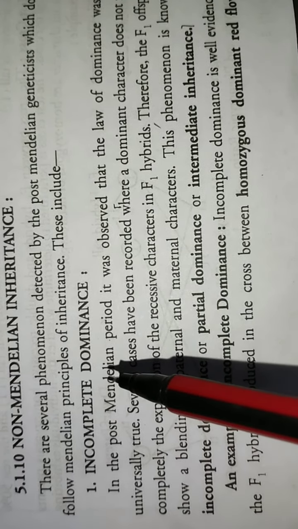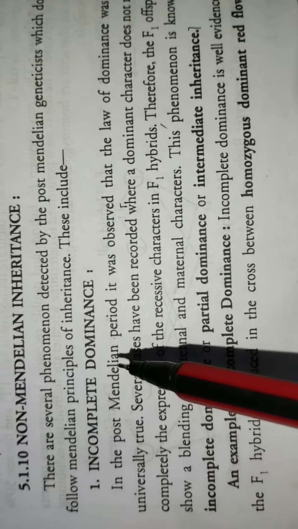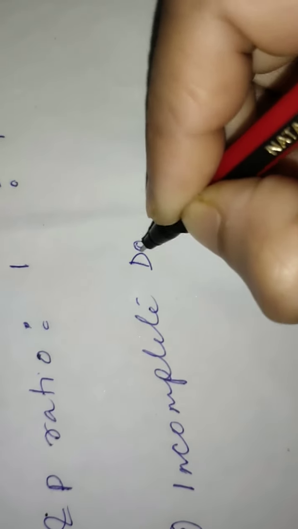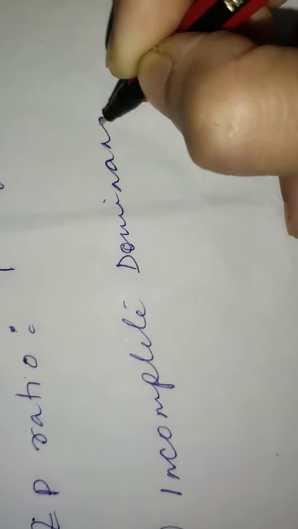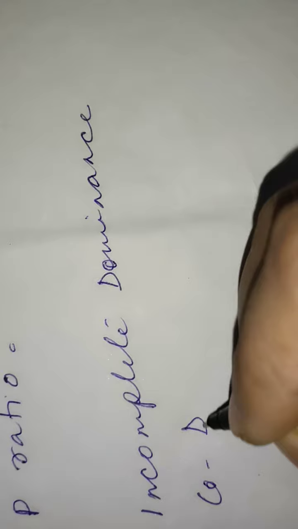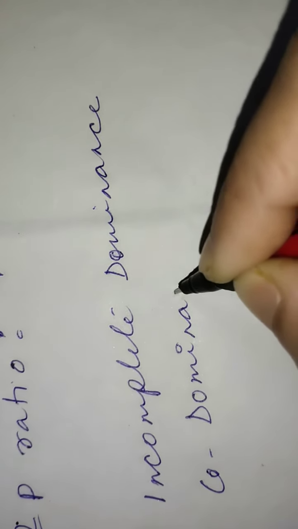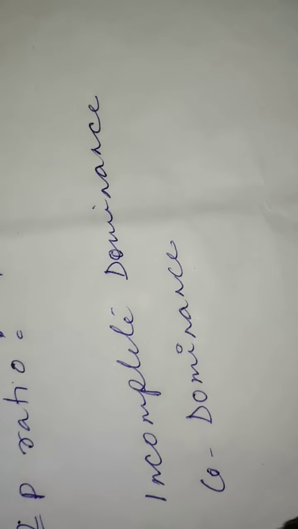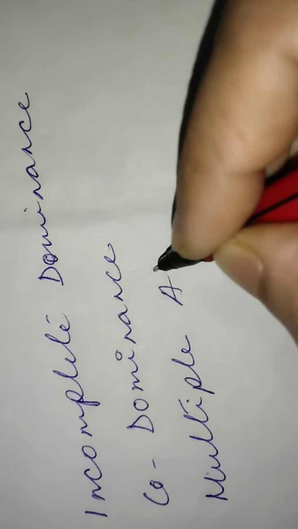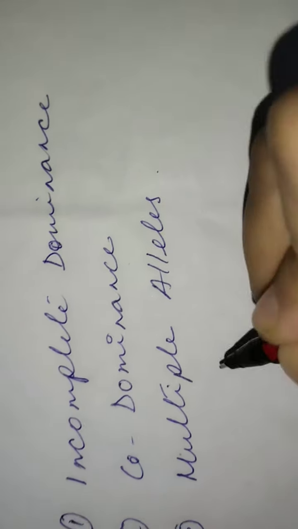So three non-Mendelian inheritances are discussed in your book, and these are: number 1, incomplete dominance; 2, codominance; 3rd is multiple alleles or multiple allelism.